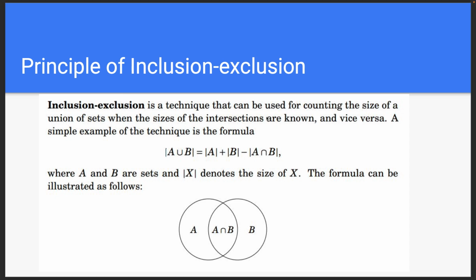If you add the number of things having the first one plus the number of things having the second one, you counted some of them, exactly the intersection, twice. So you should exclude it once. That's a simple thing. And yeah, any question?